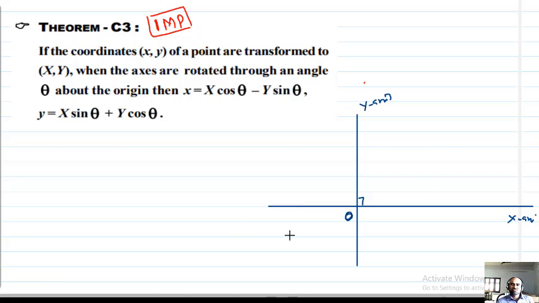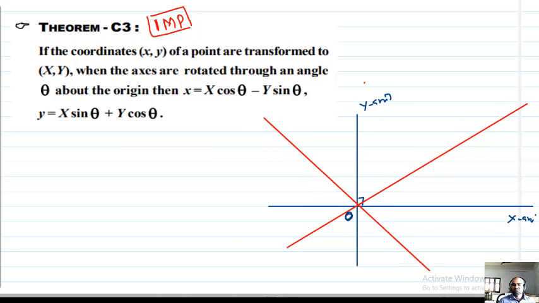This is the new x-axis and this is the new y-axis. What should I write here? New y-axis, NY, and NX, the new x-axis. The angle between them is theta, meaning the amount of rotation is theta. Assume it is in the anti-clockwise direction; either clockwise or anti-clockwise, that is not important.